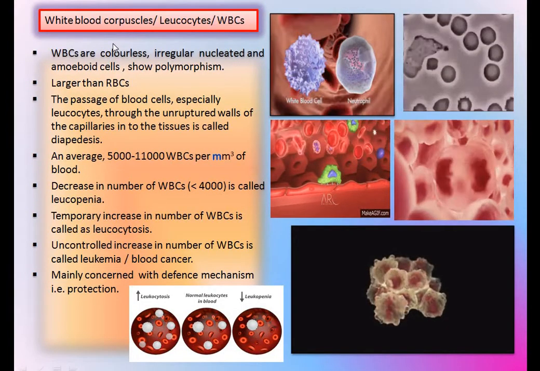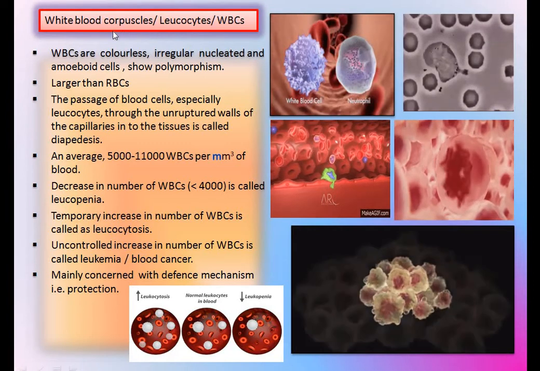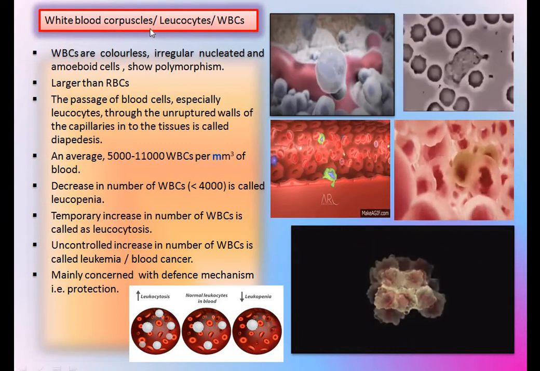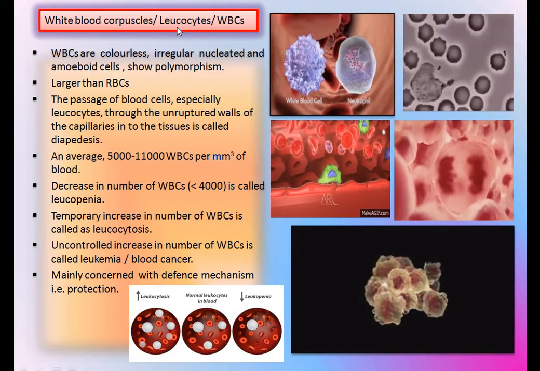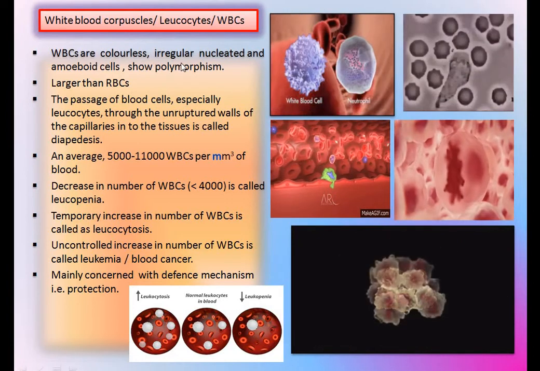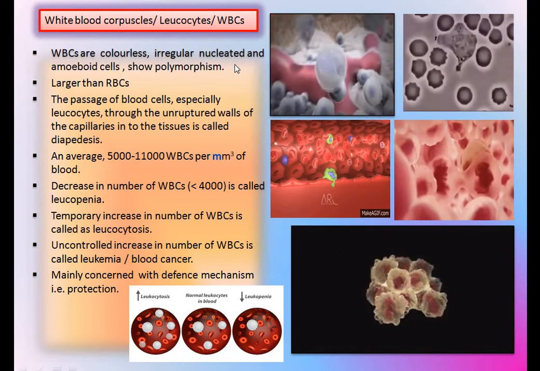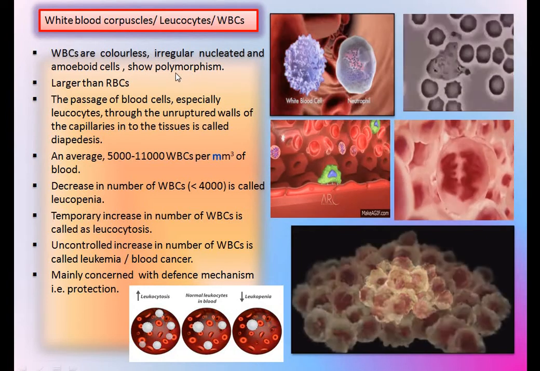The next formed element is white blood corpuscles, also called WBCs or leukocytes. Leuko means white, colorless. The WBCs are colorless, irregular, nucleated and amoeboid cells that show polymorphism.